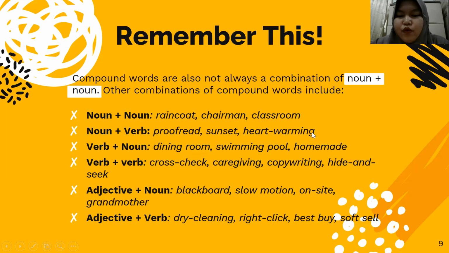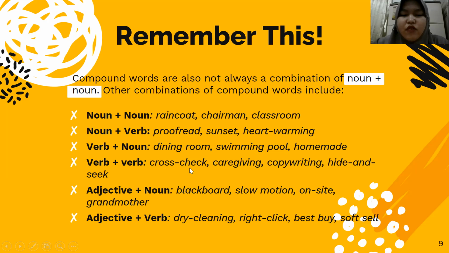Heart dash warming. For the next is verb plus noun. For example, dining room, swimming pool, homemade. Dining room, if you remember, is a space form because we need some space between them. Dining room is a compound word. For the next is verb plus verb.